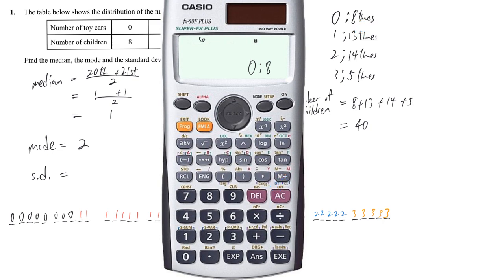That means I input the data once. After you press it, you will find line equal to 1, which means you finished entering one data. And then we input another group of data. Similarly, 1 semicolon 13 and then M+. After that, you will find that line is equal to 4. That means you input 4 groups of data.